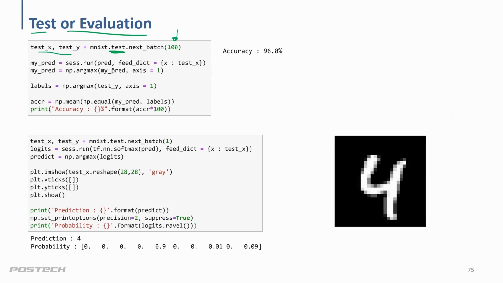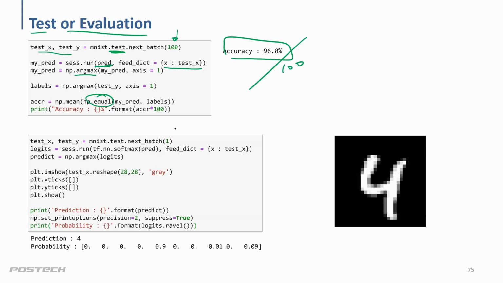I run predict using only the testing data set. Now I take the argmax values, and I want to see whether the predicted values and the labels are equal or not. The number of equals is the same as the accuracy here. Out of them, only 4 are misclassified, that's it.